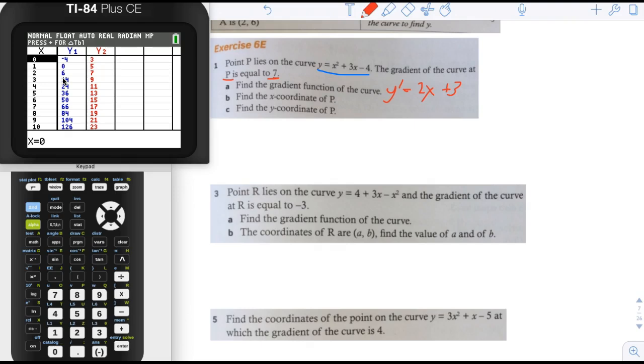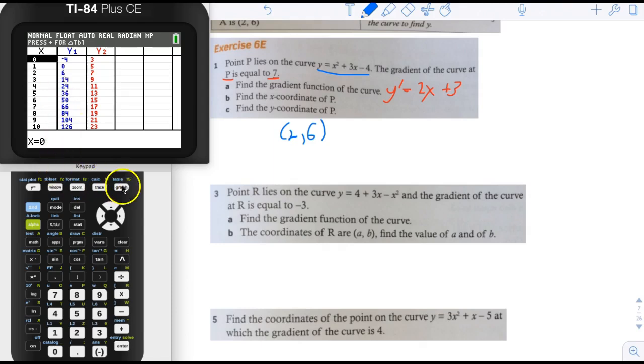Okay? So at 2, 6, the slope is 7. And you can see that easily on this table. So the x-coordinate and the y-coordinate of P are basically 2, 6. And we can see that easily here. And I'm going to write that answer in blue because that's the blue function.